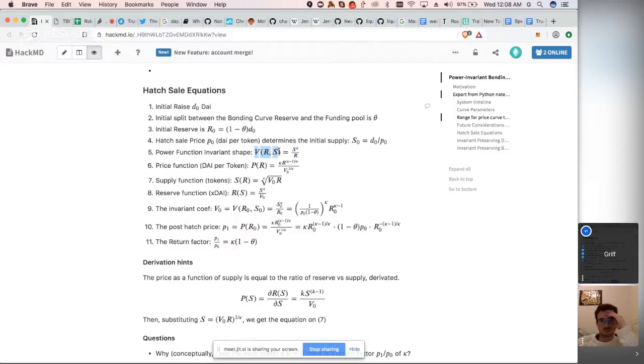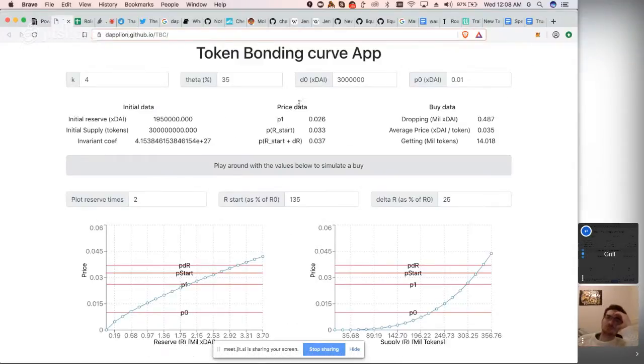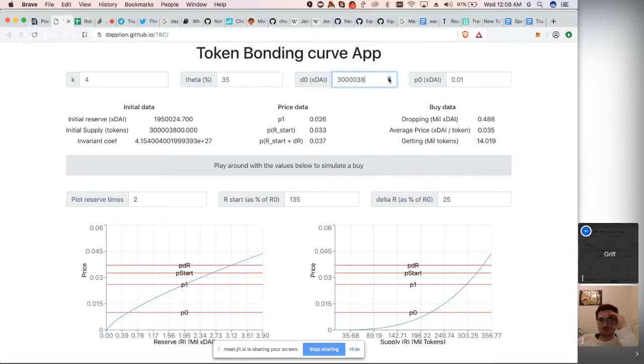And this invariant changes based off of how much we raise. So if the hatcher raises more, then the invariant goes down, I believe. Let's see. No, it goes up. The invariant goes up. If we raise less, then the invariant goes down. And it's just some crazy random number as far as I can tell.